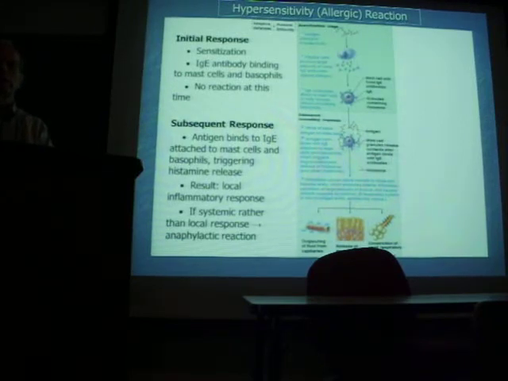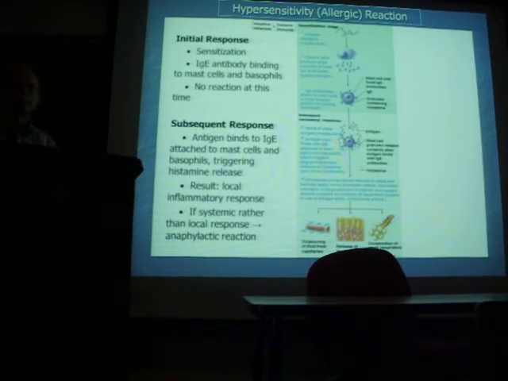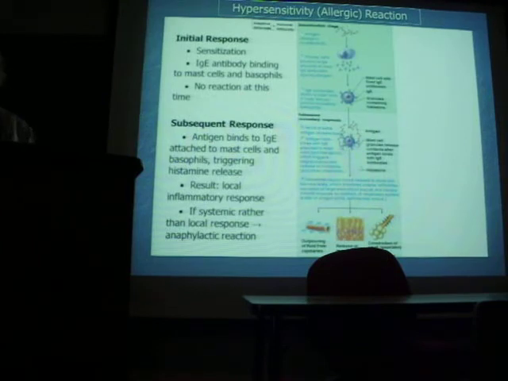Depends on where the allergen is attacking. If it's attacking the intestinal tract, you get intestinal disorder, nausea, vomiting, diarrhea, and so forth. But again, most of these hypersensitivity or inflammatory reactions are localized reactions, aren't they? Localized.